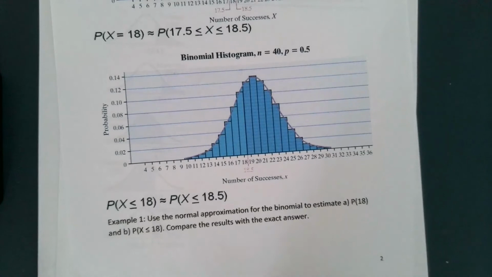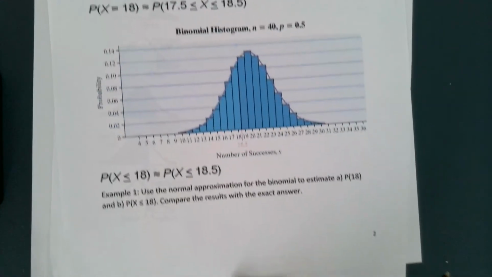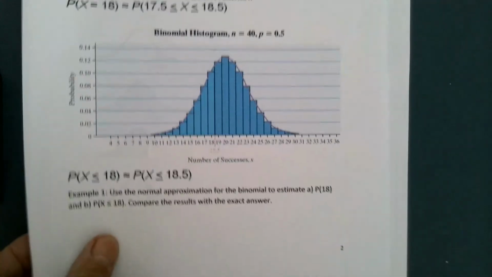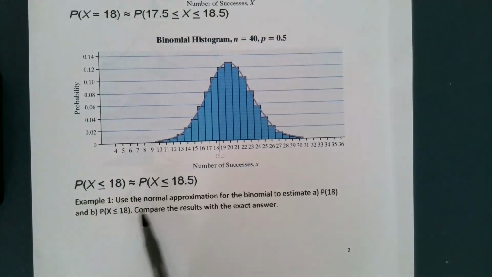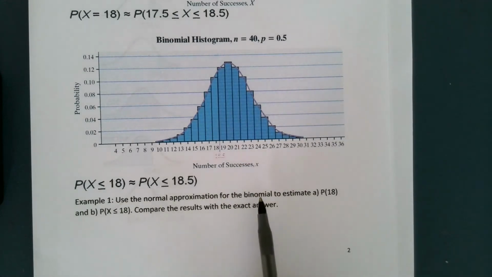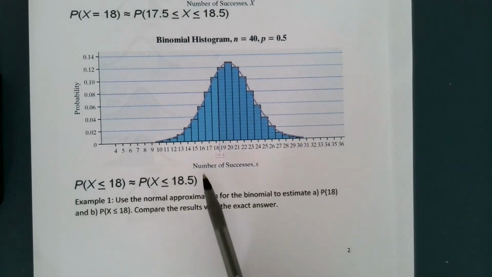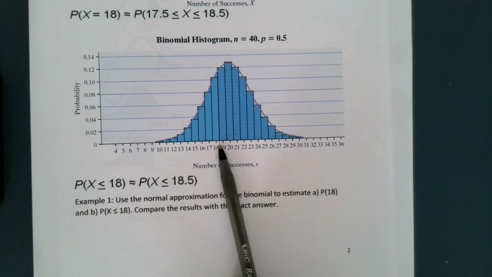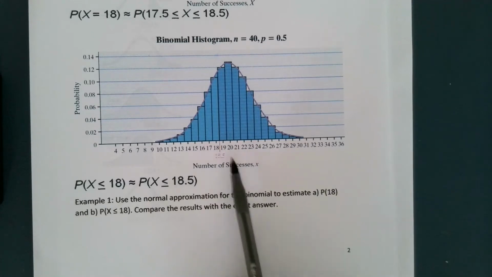But if we want to use the normal approximation, then we would find the area to the left. Bar 18 begins at 17.5 and ends at 18.5. So what we would do is find the area under the normal curve to the left of 18.5.